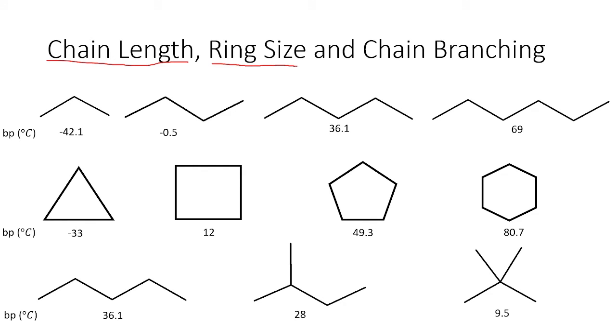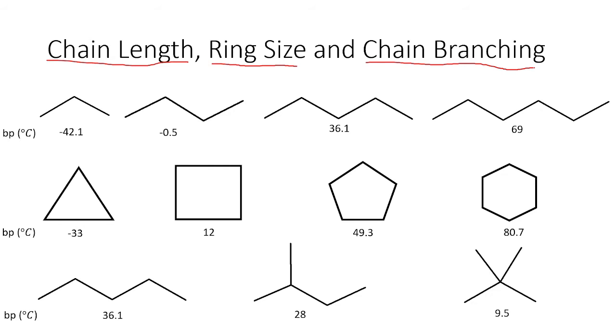As the ring size increases, the London Dispersion Forces also increase. Meaning to say, boiling point increases, specific gravity and the like increase. And for chain branching, as the number of branches increases in a compound, for organic compounds or alkanes having the same number of carbon atoms, the London dispersion forces decrease due to the decrease in the surface area or the contact points of the molecules.